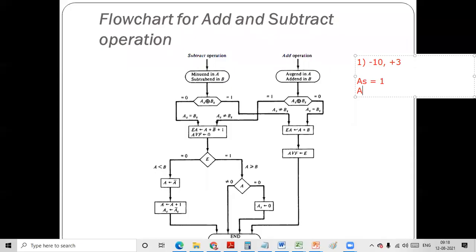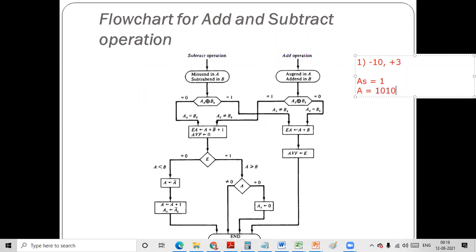And A gives the magnitude component of the number. So my number is minus 10. In sign magnitude representation, sign is separate, magnitude is separate. So AS is 1, that represents the sign. Now A is the magnitude, magnitude is 10. So 10 in binary, how can you represent? 1 0 1 0.